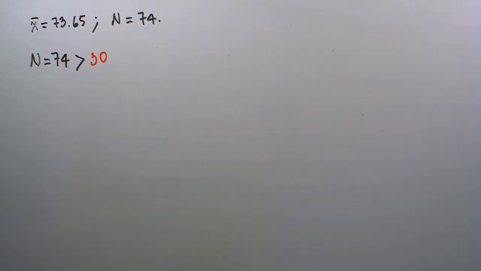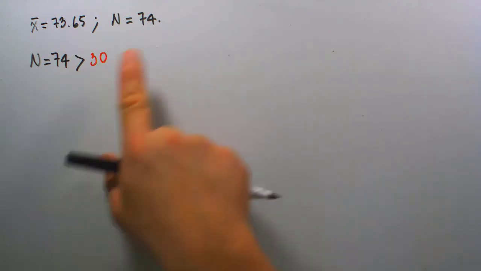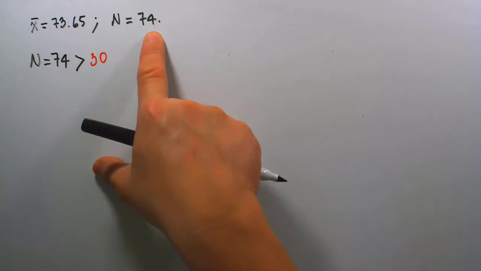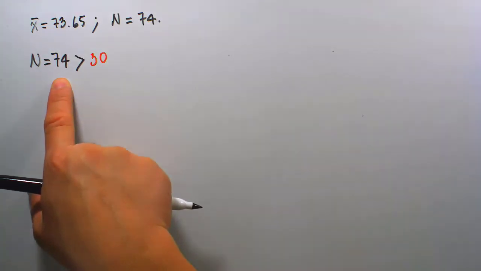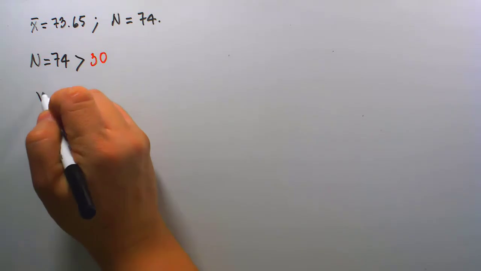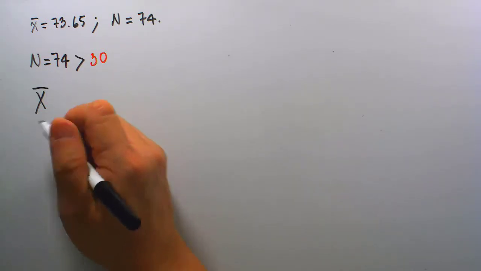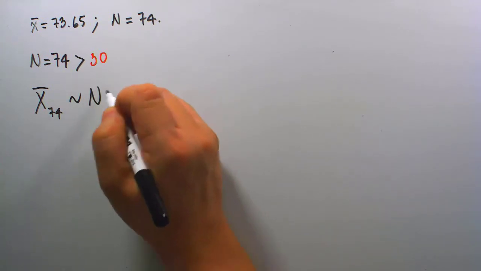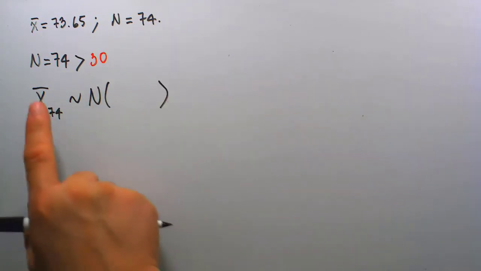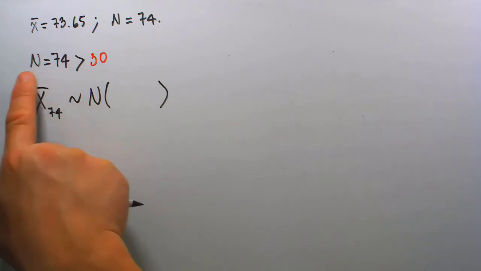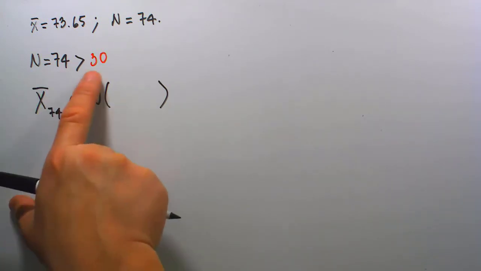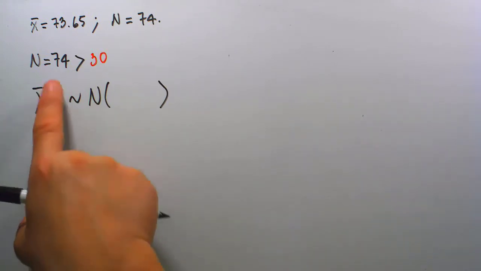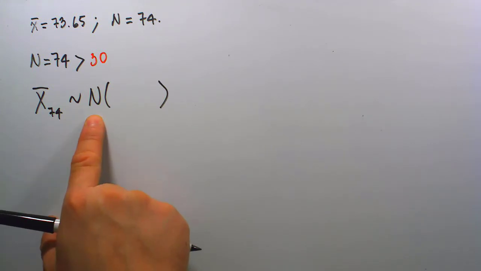With our sample size taken to be a value well above 30, our sample size passes the requirement for the random variable capital X bar 74 to be on a bell curve. In other words, once we have a sample size above 30, all sample mean values at this sample size, all of them together, will be normally distributed.